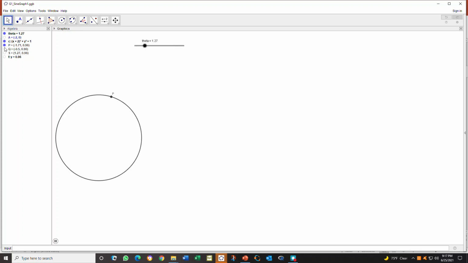Cool. Okay, now what's the point here? The point I'm trying to drive home is, now suppose I keep track of another point Q. Q is simply the y value of P. Let me repeat that. What is that Q that you're seeing?